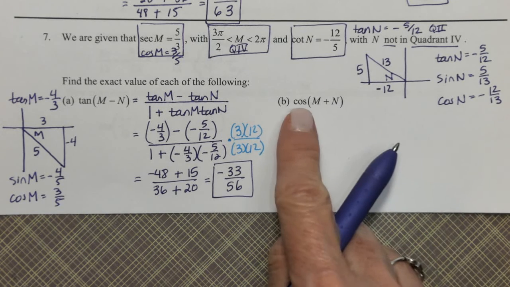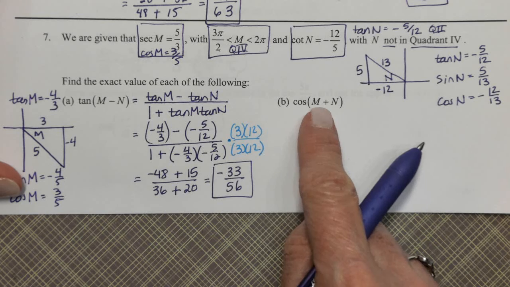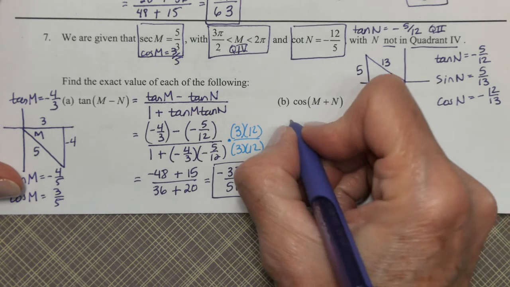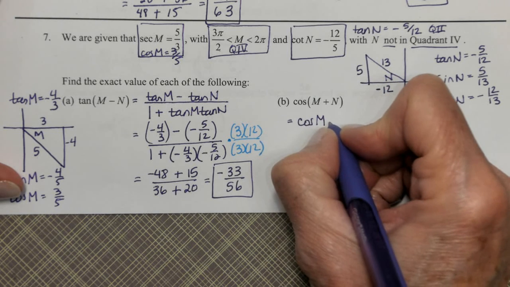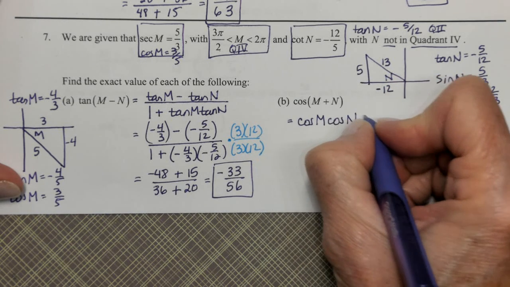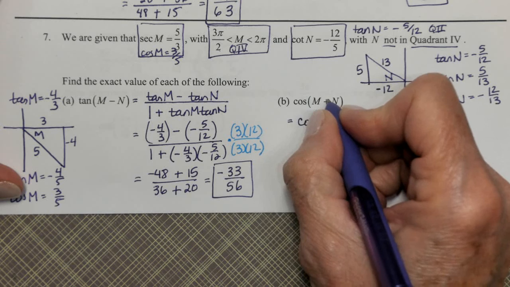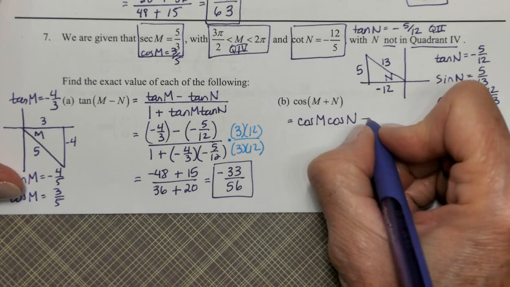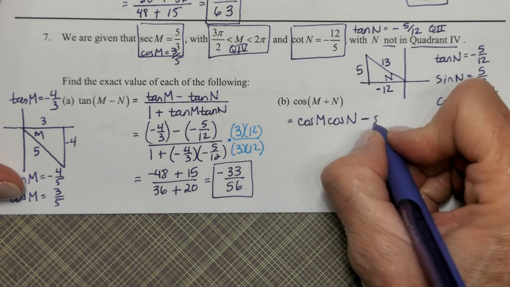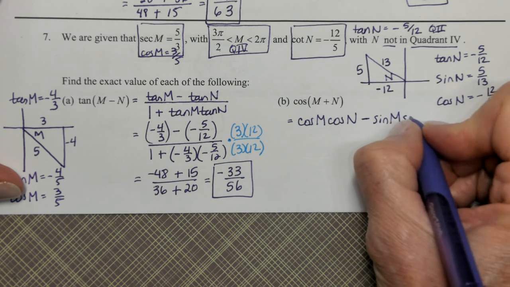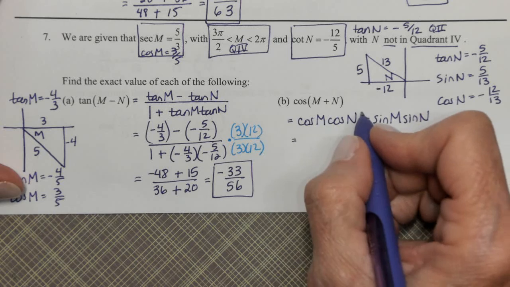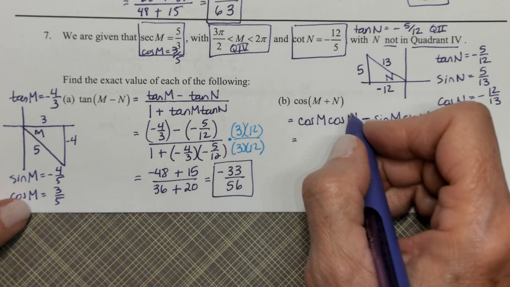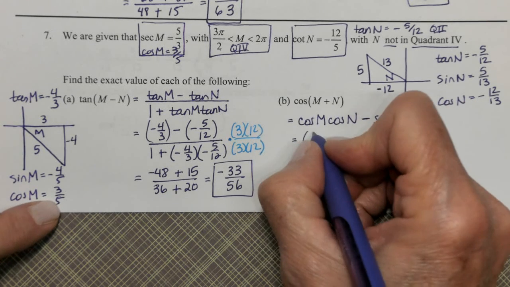One last little piece, cosine of the sum of m plus n. So our cosine formula is cosine m, cosine n. If this is a plus for the cosine formula, I'm going to have a minus here. Sine of m, sine of n. Cosine of m is 3/5.